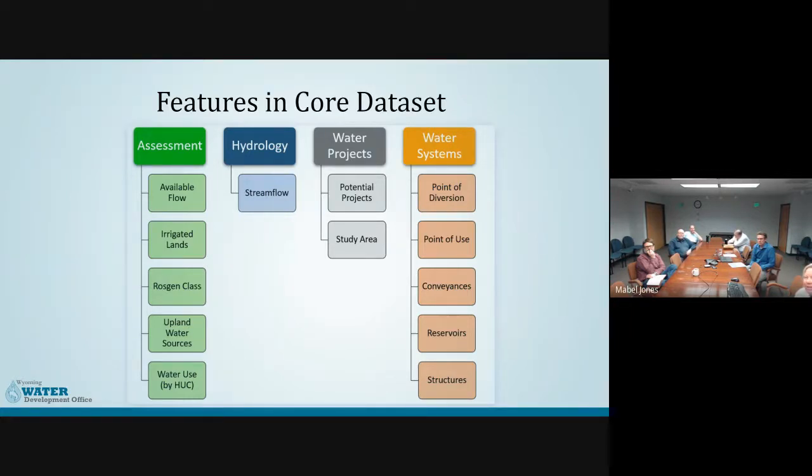Finally, the water systems data set contains all kinds of information on the existing built environment, including where the conveyances are, where structures such as water tanks or wells are located, and also reservoirs. So this is the existing network to distribute water. And not only does it include the built environment, but it also includes information on water rights.